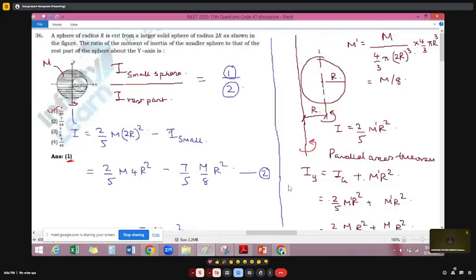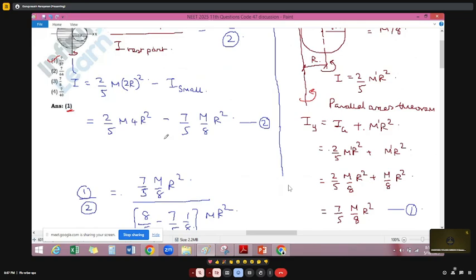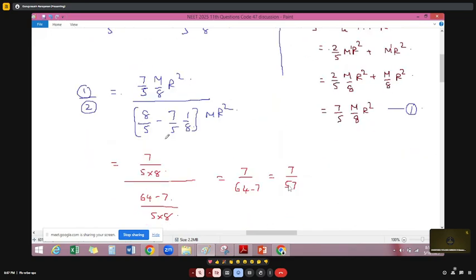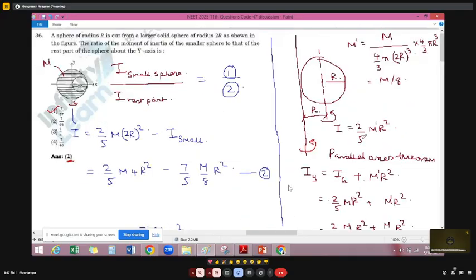And here also we can make a mistake. We may take the moment of inertia for the bigger sphere without the cutout section. You have to do the subtraction here. If you don't do the subtraction here, it will go wrong. And then of course the mathematical simplification, you should not make any errors. So I would say this is a medium difficulty problem.